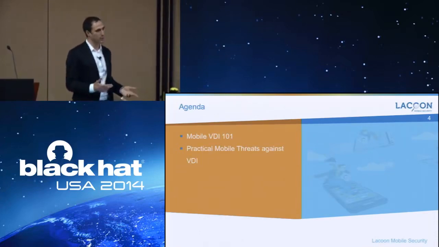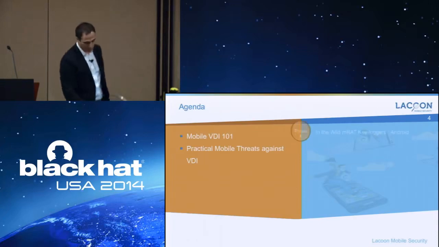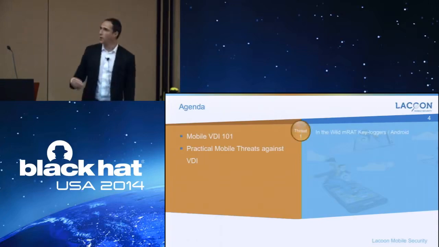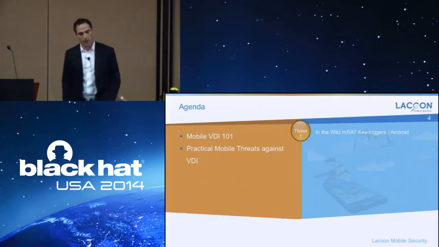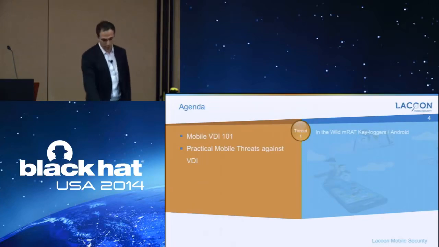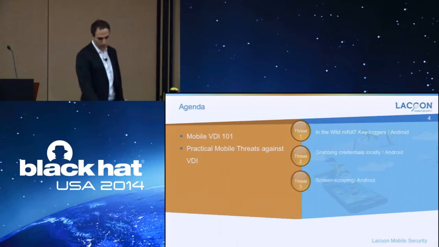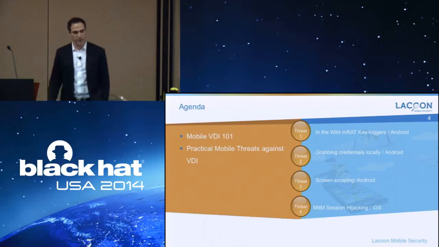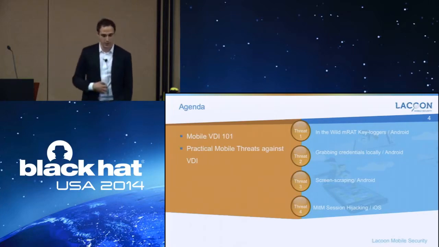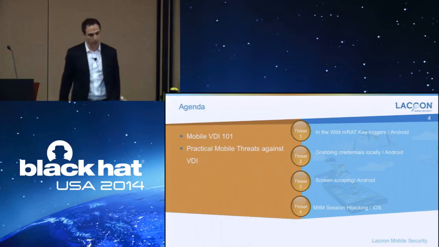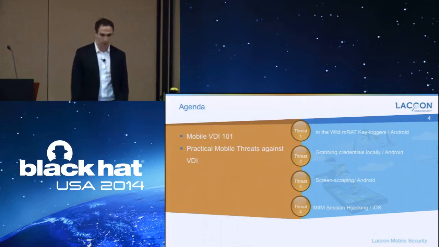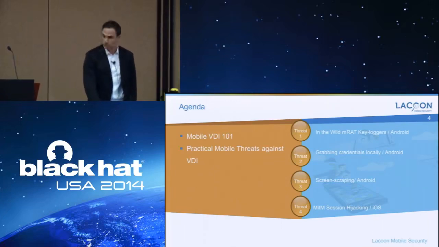And we will show you live demos of several of those attacks, essentially how mobile remote access trojans, which is essentially off-the-shelf malware, are able to attack those solutions using keyloggers, credential theft, screen scraping, and also a very interesting attack, especially on iOS devices, called a malicious configuration profile, a sort of man-in-the-middle attack, and how that can compromise a VDI solution.